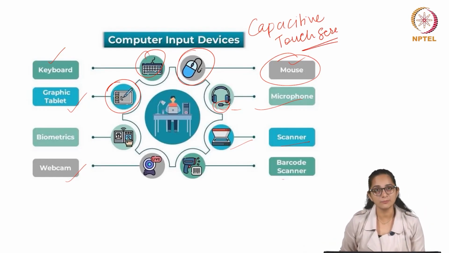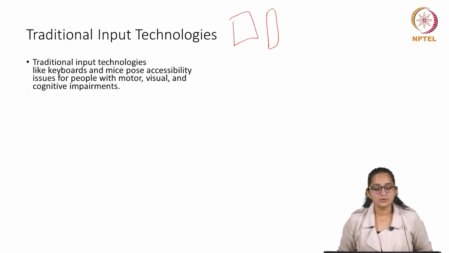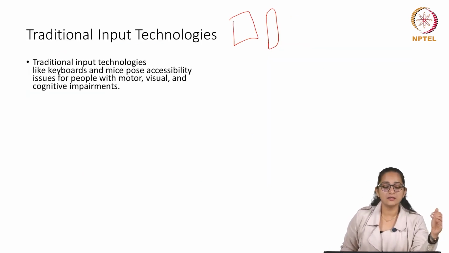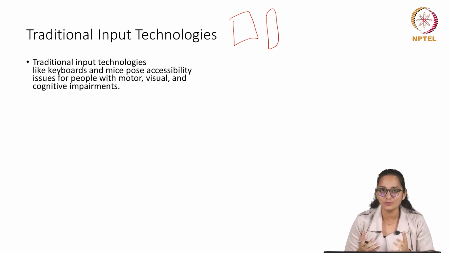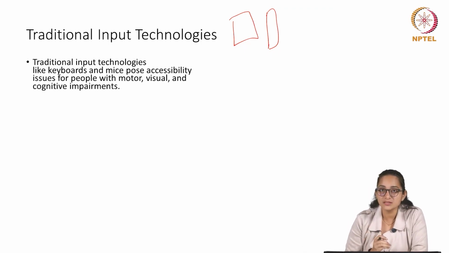So, traditionally the input technologies like keyboards, mice is a plural for mouse, just in case you are not aware, pose accessibility issues for people with motor, visual or cognitive impairments.